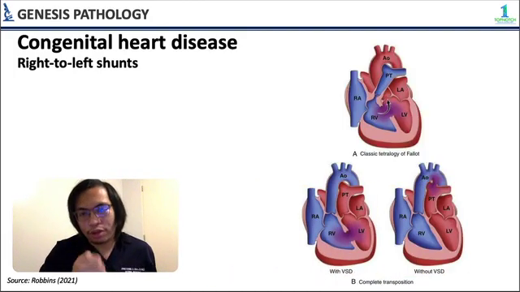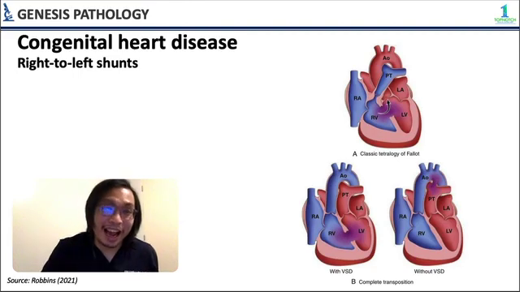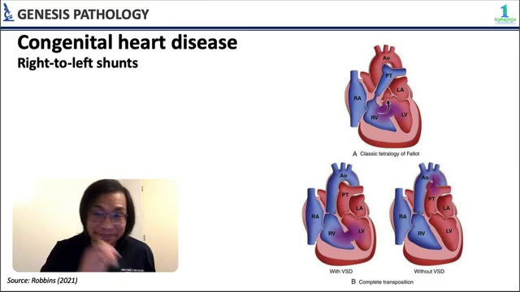So, the most common cause of cyanotic congenital heart disease is your tetralogy of Fallot. Tetralogy, four. Tetra means four components.